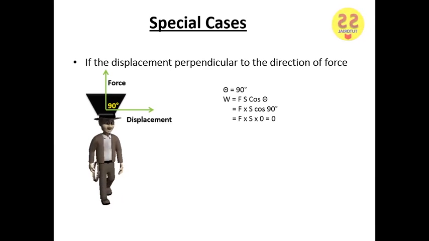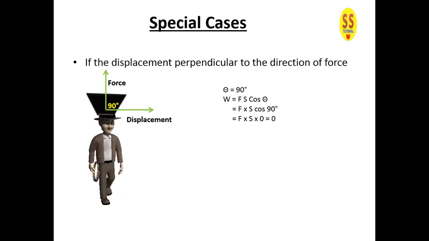So if the displacement is perpendicular to the direction of force, then the work done is 0. Here the person carrying a load is walking some distance, and the work done is said to be 0, because the force applied to the load is upward and the displacement is just forward. So the angle between force and displacement is 90°, hence the work done is 0.